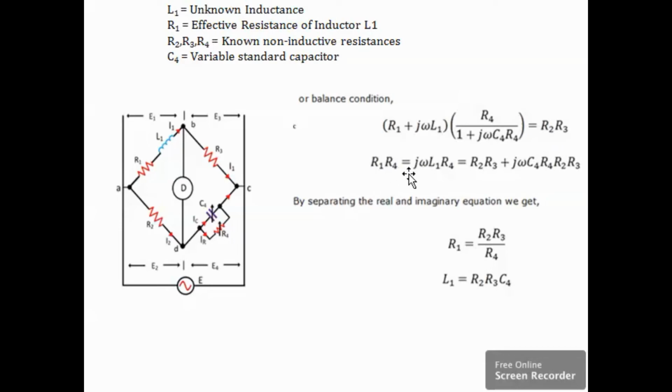So (R1 plus j omega L1) R4 is equal to R2 R3 times (1 plus j omega C4 R4), that is R1 R4 plus j omega L1 R4 is equal to R2 R3 plus j omega C4 R4 R2 R3. So by comparing real and imaginary parts separately, we will obtain R1 is equal to R2 R3 divided by R4 and L1 as R2 R3 C4.